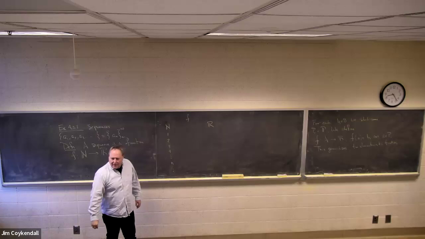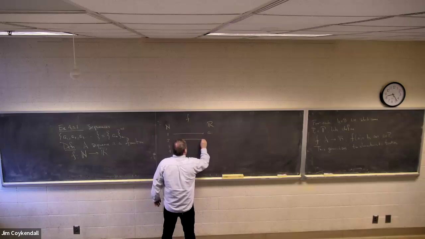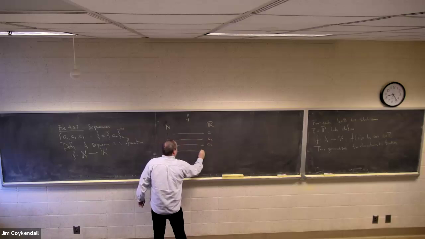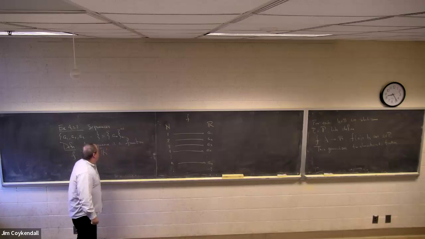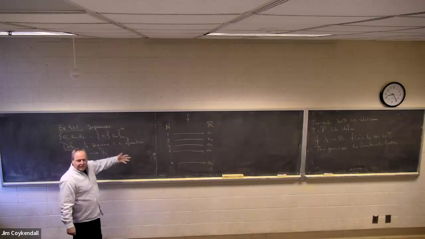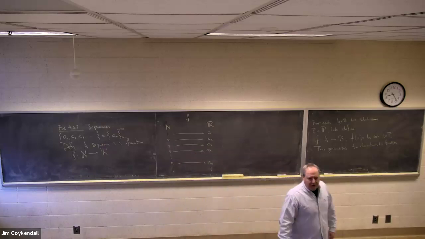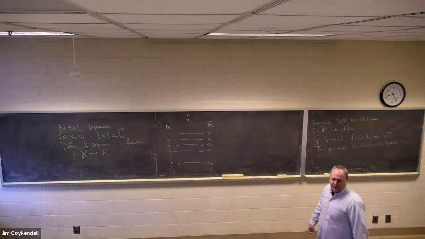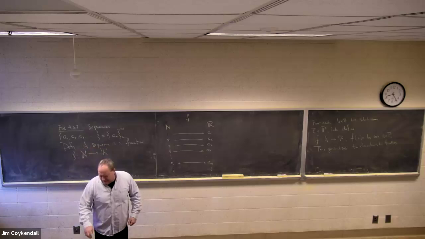So I'm going to list the natural numbers like this, and the a_i's are just the outputs of the function. So these things are really the values of the function. Often you'll see this definition of a sequence as a function from the natural numbers to the real numbers. Well, that string of numbers is just the outputs of the function. So this thing right here determines this function. Any questions?